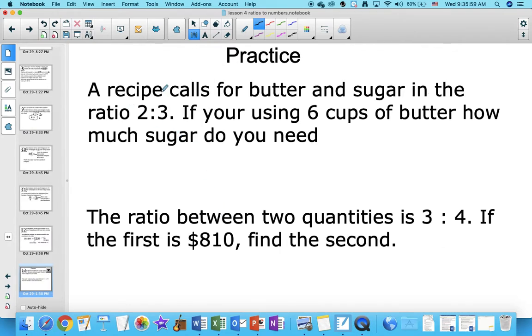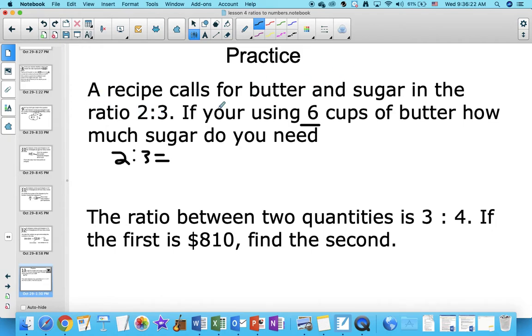So our recipe calls for butter and sugar in the ratio of 2 to 3. If you use 6 cups of butter, how much sugar do you need? Well, again, we could do it this way. We can go 2, 3 equals. Now, the 6 is for the butter. So which number represents butter? The first one, right? Butter and sugar.